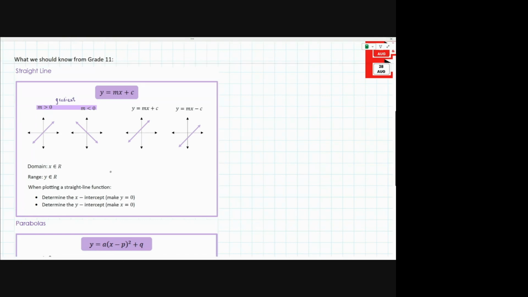This is where parallel and perpendicular lines come in. I should have put this in and I didn't, so that's my bad. All right, so parallel lines, does anyone remember what the relationship is between the gradients of lines that are parallel?